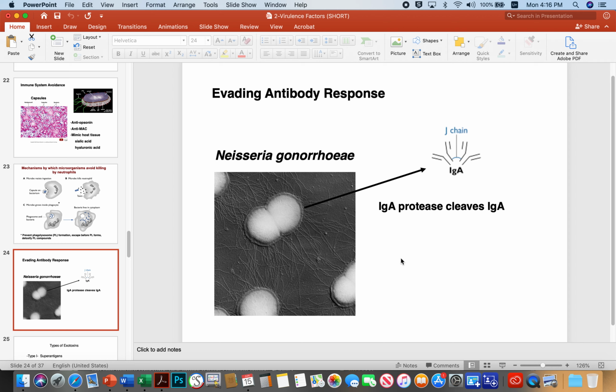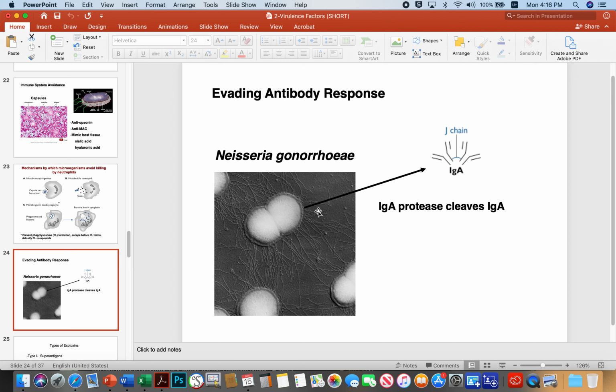Of course, the antibody response is really important. I've already mentioned this, but if microbes have fimbriae, for example, or capsules, they can change the protein structure of these and confuse the immune response. But some microbes just outright degrade antibodies. IgA is an antibody that's often produced to protect the mucous membranes.